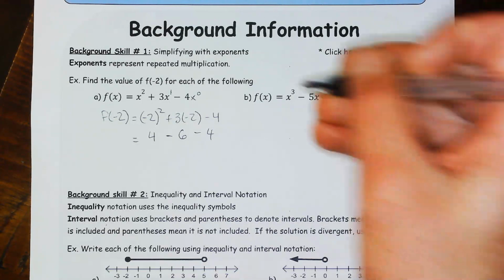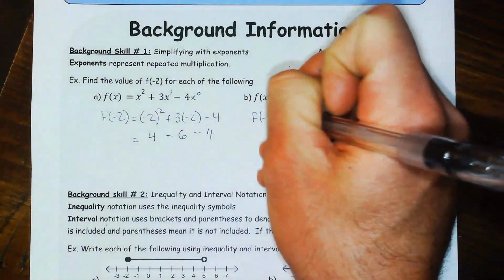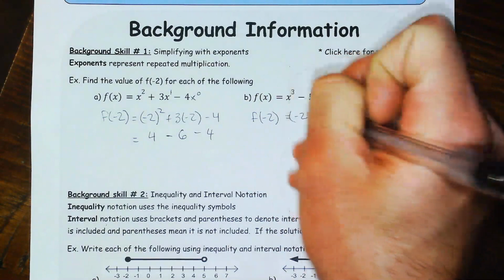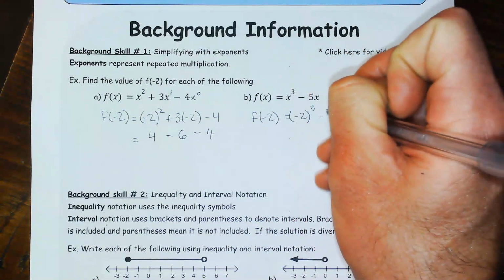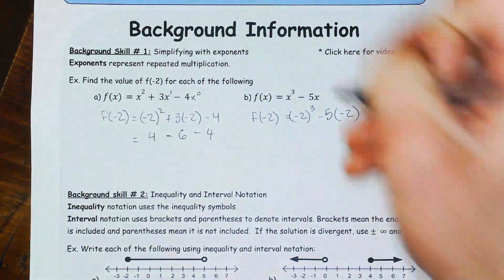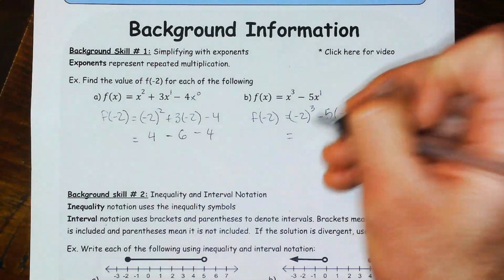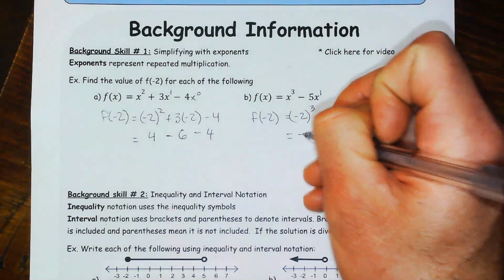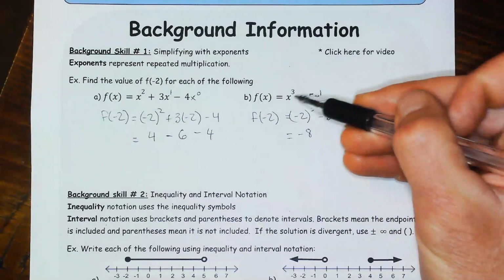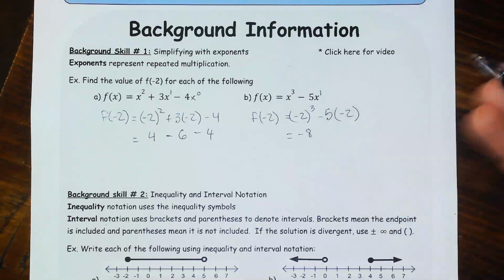Next piece, same thing, f of -2 equals -2 quantity cubed minus 5 times -2. Notice these are both odd, so we can probably predict that both terms are going to change their sign. So -2 to the third is -8. Started with a positive x cubed, now it's negative.